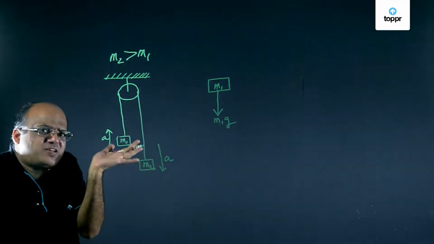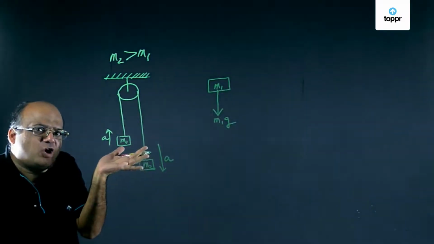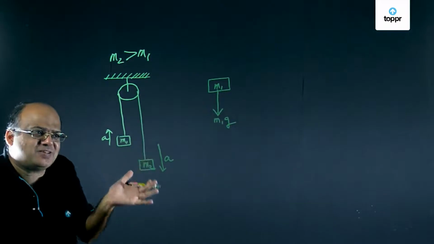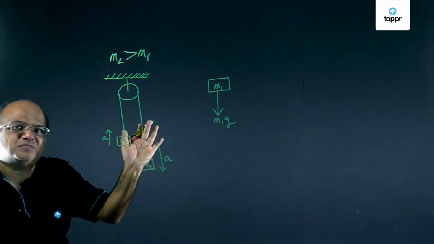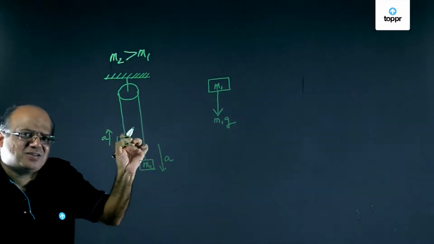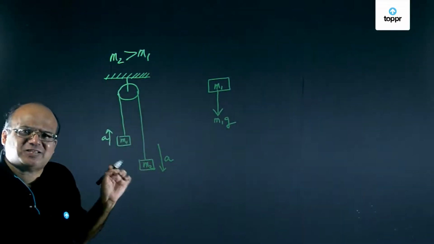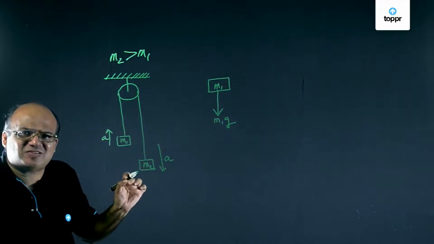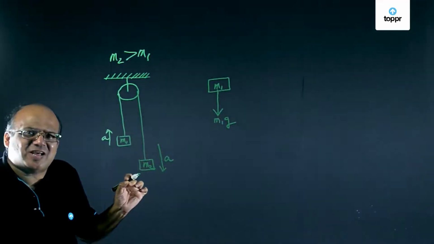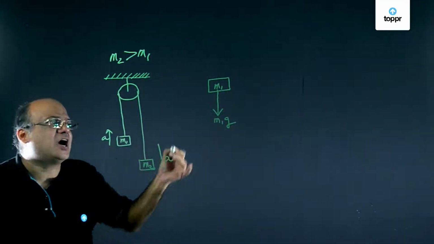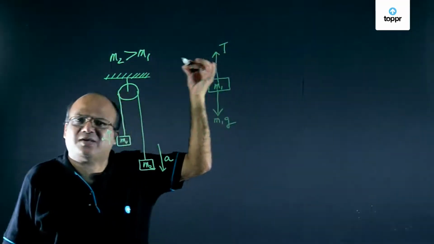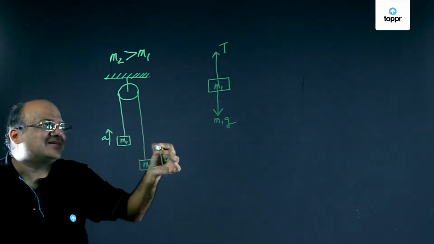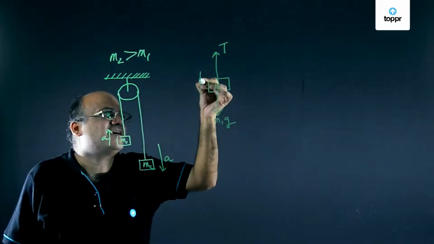Then check if the body is resting on a surface. Normal will act perpendicular to the surface. This body is not resting on a surface, so there is no question of normal reaction. Third, check if the body is connected by a string that is tight, then tension will act along the string, away from the body under consideration. So tension acts this way. And the acceleration is upwards.